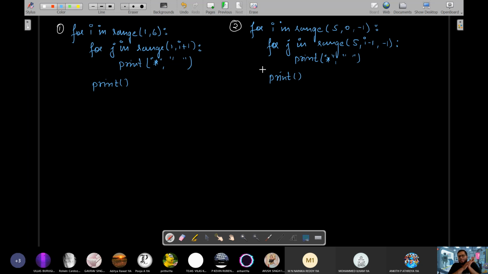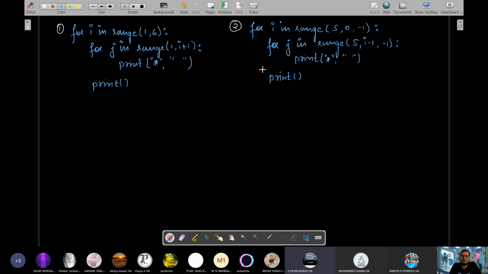Any symbol, because that symbol has to be printed in that form only. So imagine it as a numeric form and build it, and wherever, see, the outer structure of i and j will generate that form of a triangle. If the triangle is being generated in that form, then instead of printing a number every time, make it that character. Every position of that triangle for which you have already laid out the structure, instead of the numeric values, star or hash or at the rate, whatever symbol is there, will be placed and you will get that pattern.